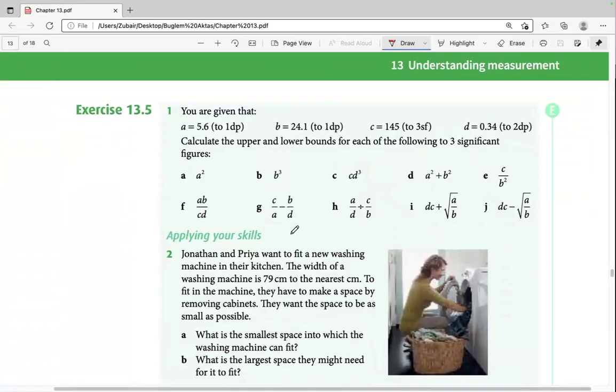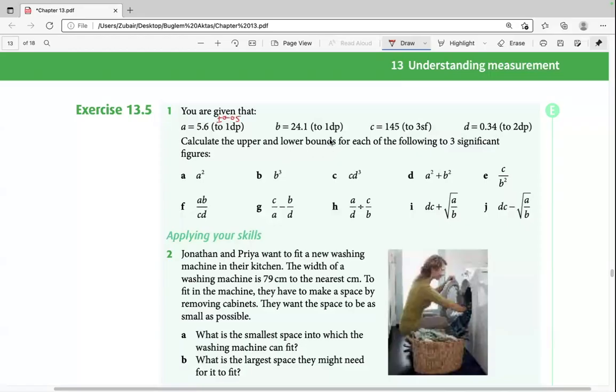Okay. Exercise 13.5: you are given that A is equal to this, B is equal to this, C is equal to this, D is equal to this. Calculate the upper and lower bound for each of the following to three significant figures. Before we do that, let's write the accuracies for every number first. When it says 1 decimal place, that means it's 0.1, and that is plus minus 0.05.